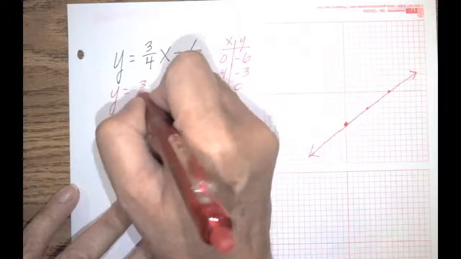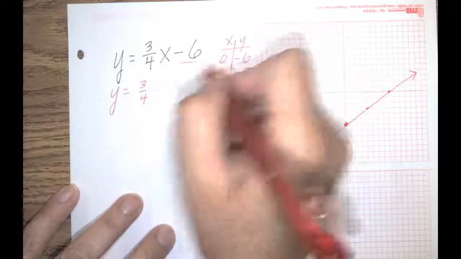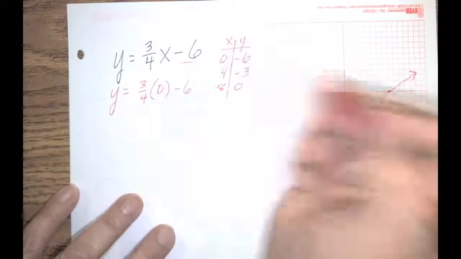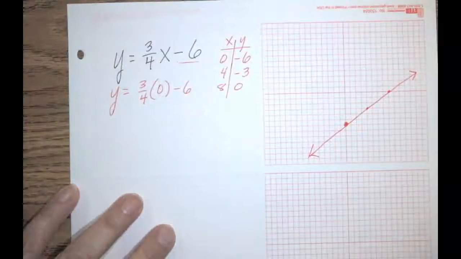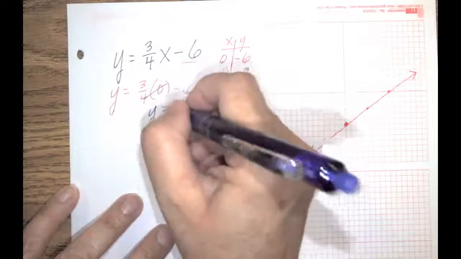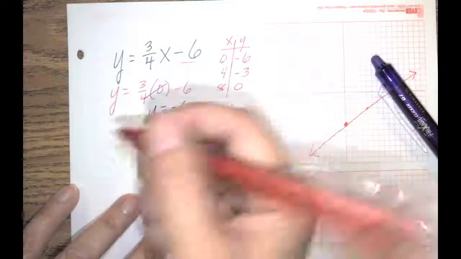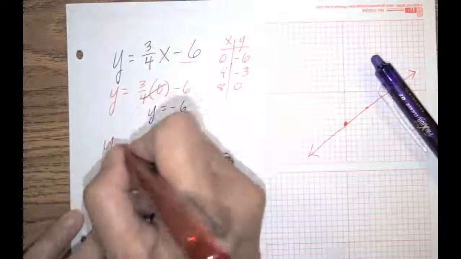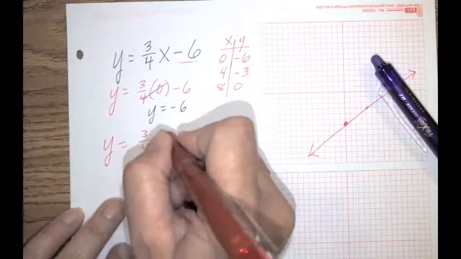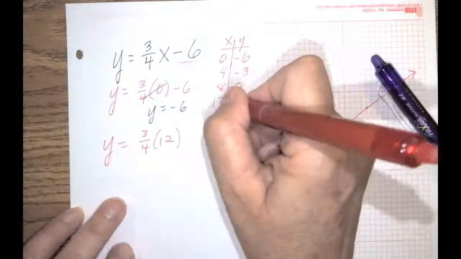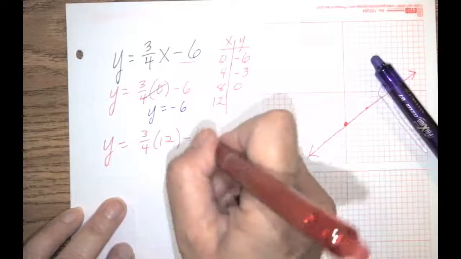Like I could say, if x is 0, what is y? Well, 3/4 times 0 is 0, so y is -6. What if I substituted in 12? If x is 12, what is y?